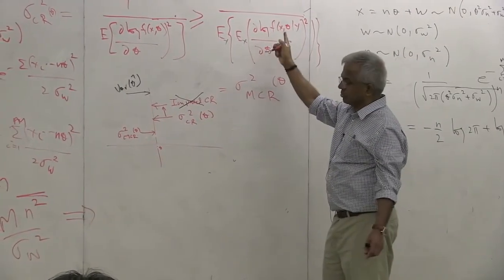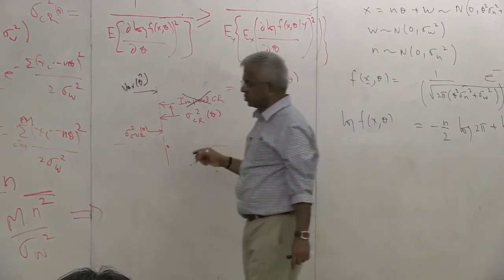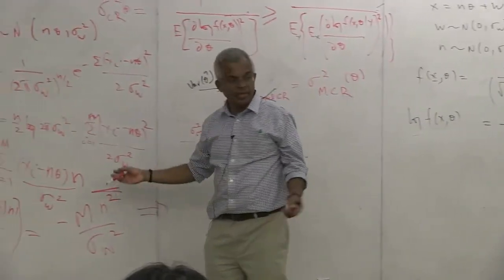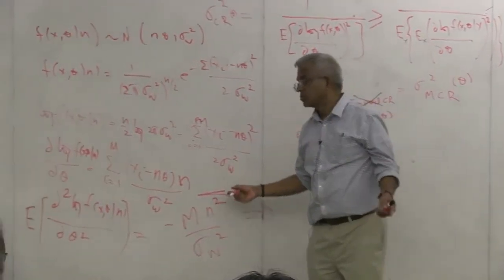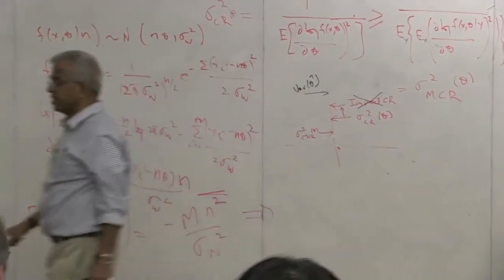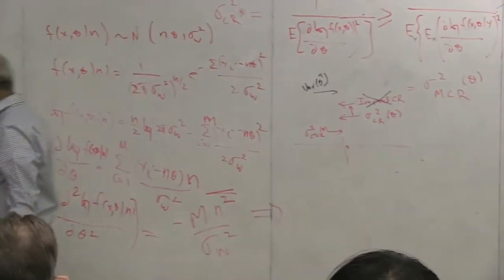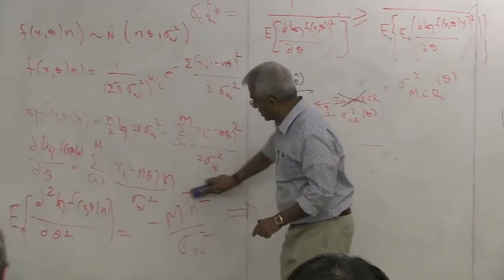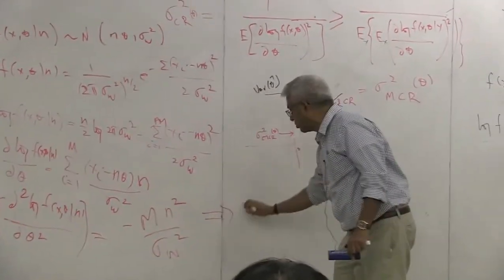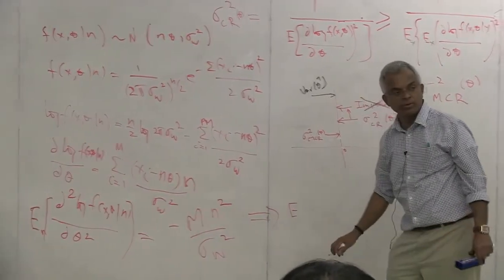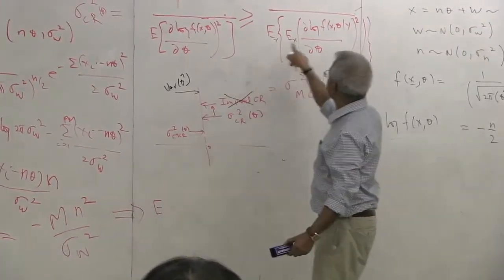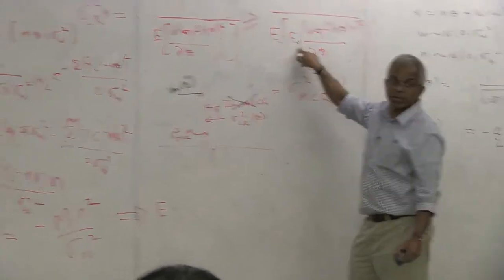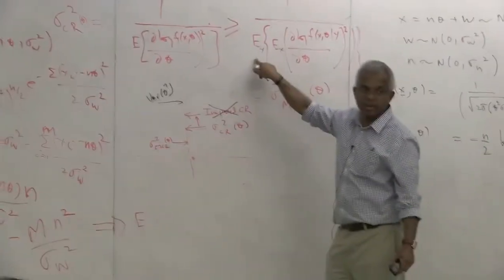So first the expected value with respect to x is going to be itself, right? So what he is saying is, the first expectation is with respect to x, but since n is given, this is this. So the second time I'm going to do the expectation with respect to n. Look here, expectation with respect to x, then expectation with respect to n.